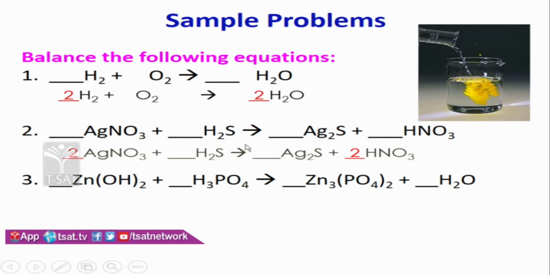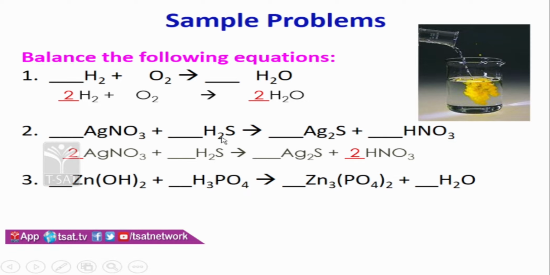Silver nitrate, hydrogen sulfide. Silver nitrate reacts with hydrogen sulfide gas to give silver sulfide as a yellowish precipitate, and nitric acid is the other product. While balancing, 2AgNO3 plus H2S, here you need not mention anything, the coefficient is 1.